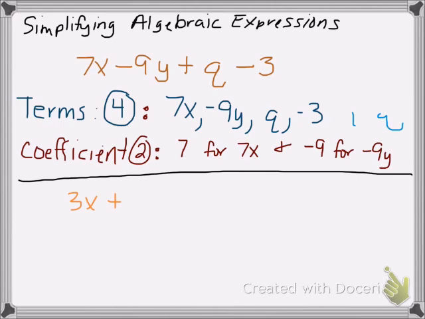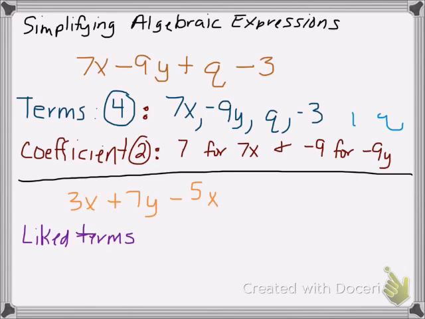Now, another little example about simplifying. When we're looking at 3x plus 7y minus 5x, we need to look for like terms. Now, like terms means that they have something in common, whether it's a variable and an exponent, and then you simplify, you put them together.